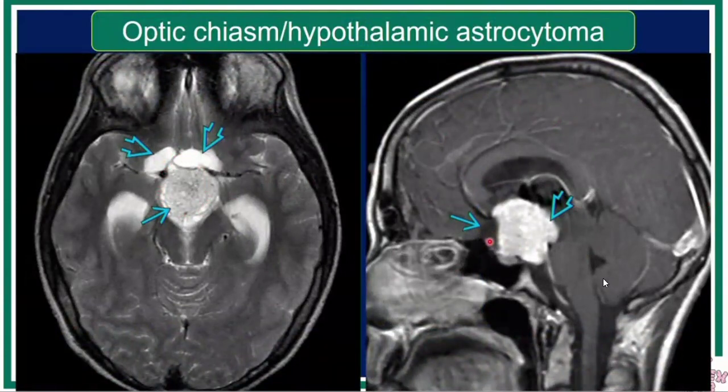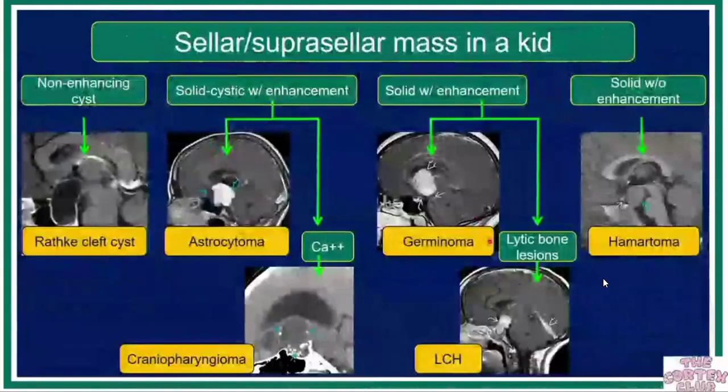So if you see a cyst with mural nodule or a mixed solid cystic lesion in the optic chiasm region in a kid, especially in a younger kid, then we think about optic chiasm astrocytoma. Usually, optic pathway gliomas are common with neurofibromatosis, so other NF lesions will also be associated with this lesion in the suprasellar region.